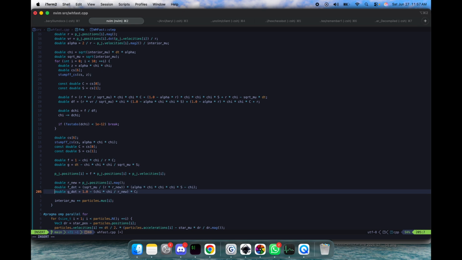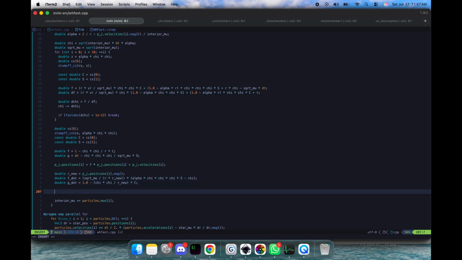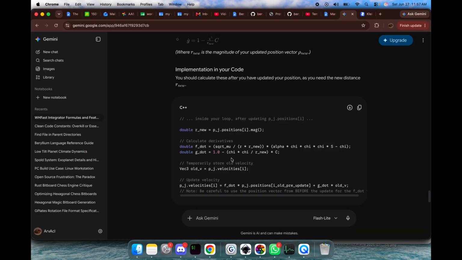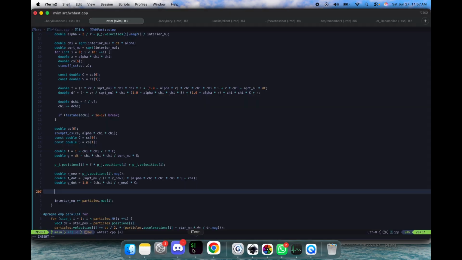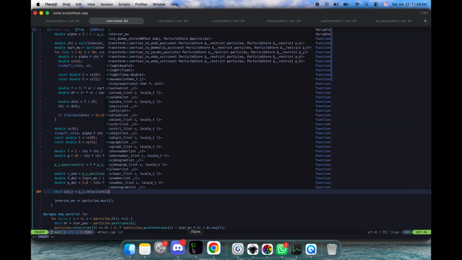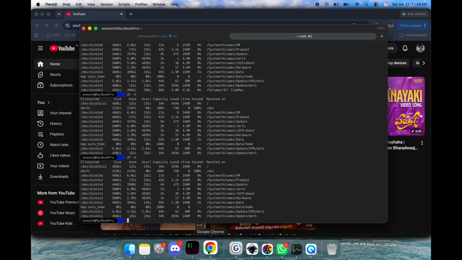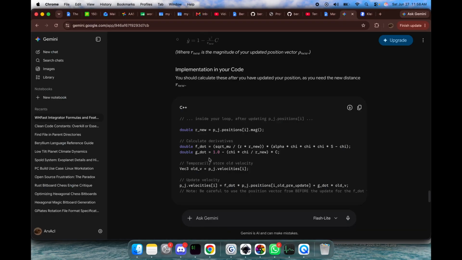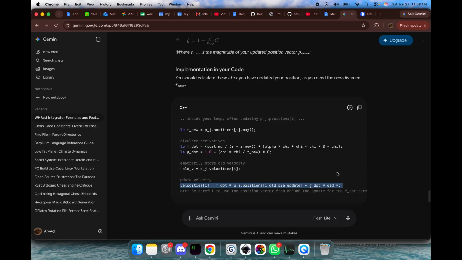And now we store vec3 old v should equal pj dot velocity index I. Basically, just store things. And now we update this. Pj dot position index I old pre-update.